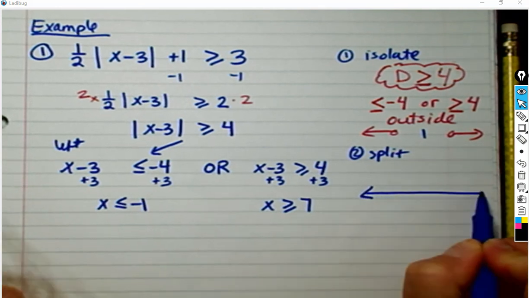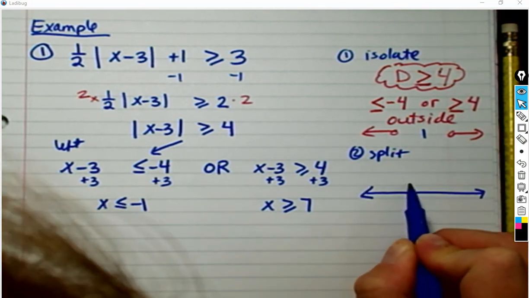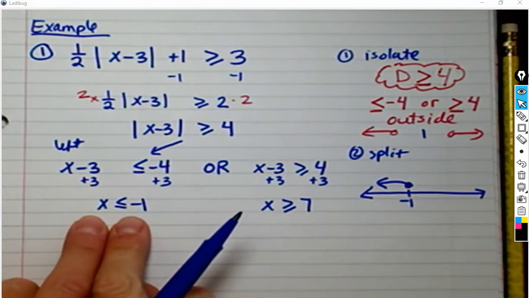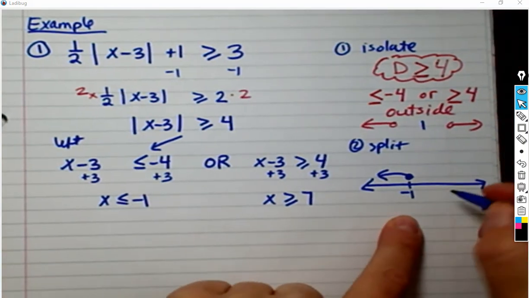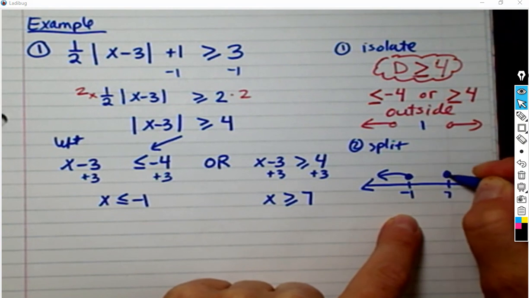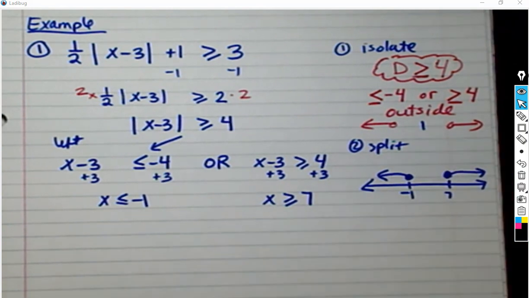And number line. Okay, so I got a hard point. Check that inequality out. Did I graph it right? Okay, 7. Look at that. 2 oars for my boat.